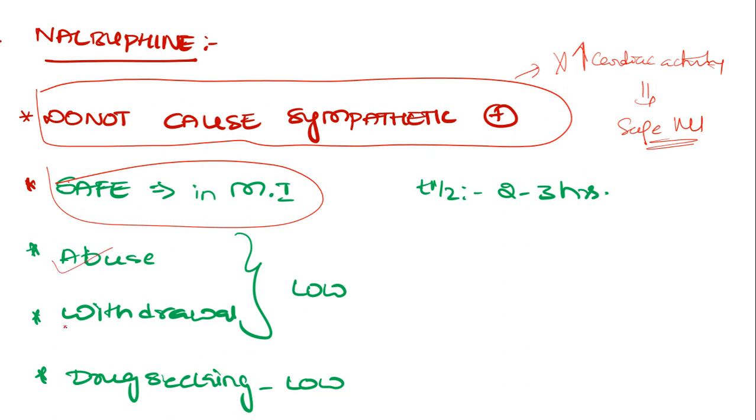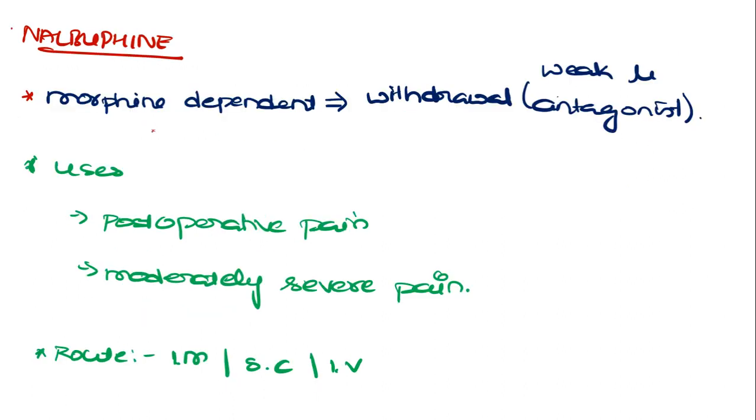The abuse liability, withdrawal reactions and drug-seeking behavior are very low, and the half-life is around 2 to 3 hours. In a morphine-dependent patient, the use of nalbuphine can produce a withdrawal reaction, mainly due to its weak mu antagonistic activity.